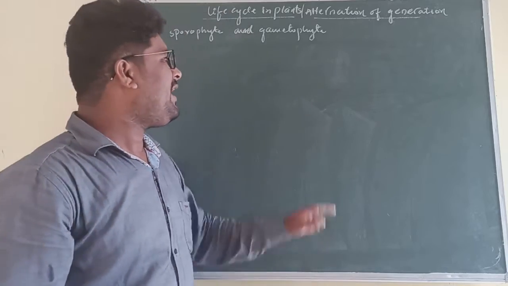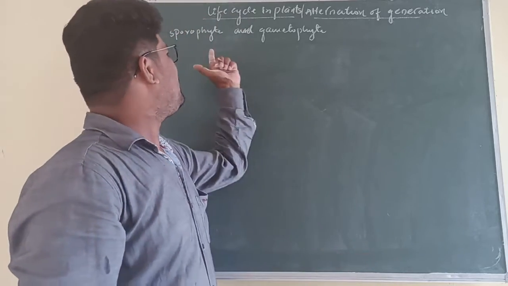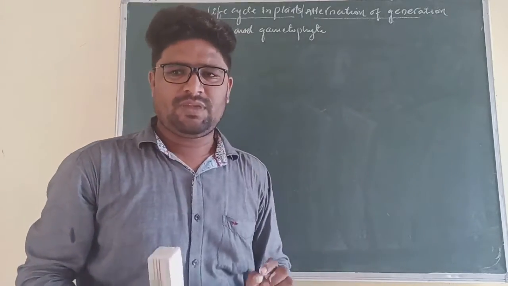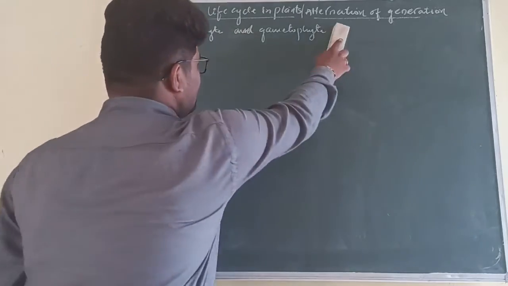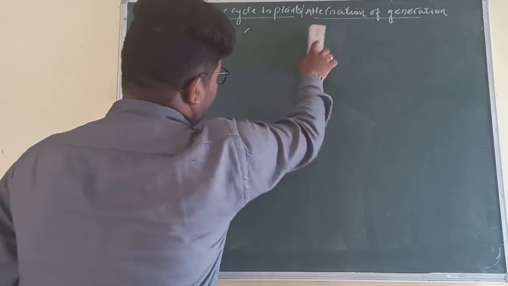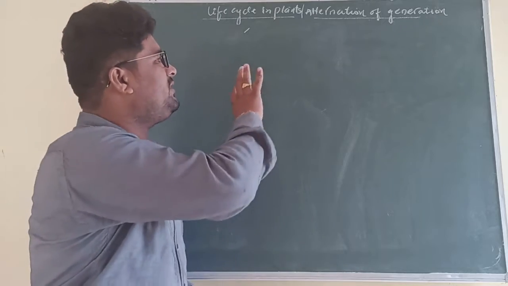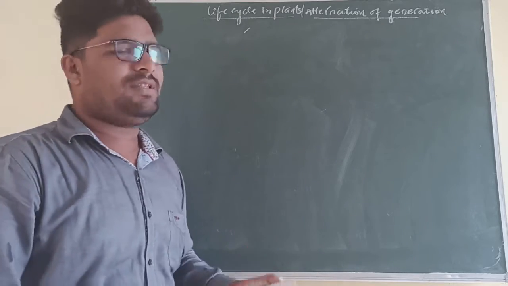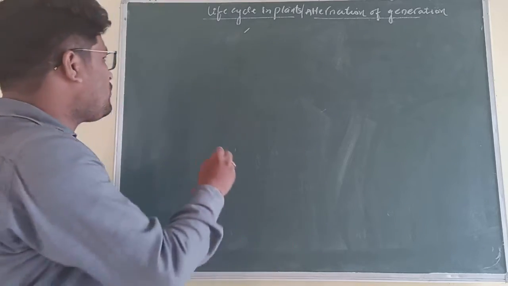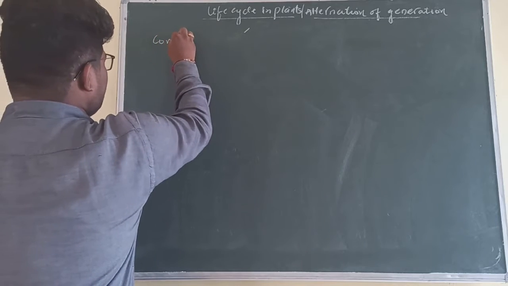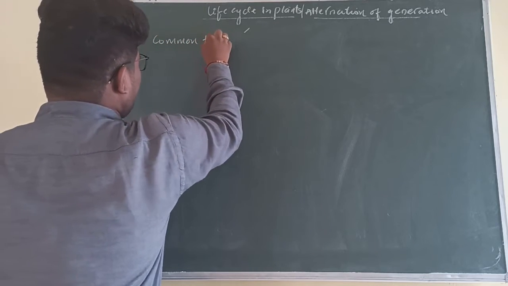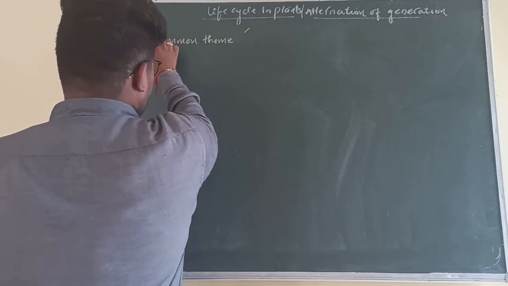So plants always have two stages. One of them is sporophyte, another one is gametophyte. So see the general theme, the general concept, of how we can see the alternation of generation in the plants. So the common dogma, we can say, the common theme, we have to study first.